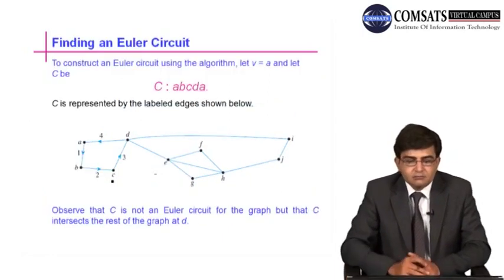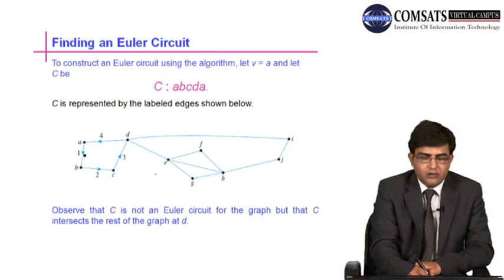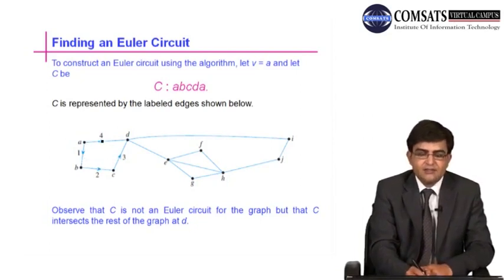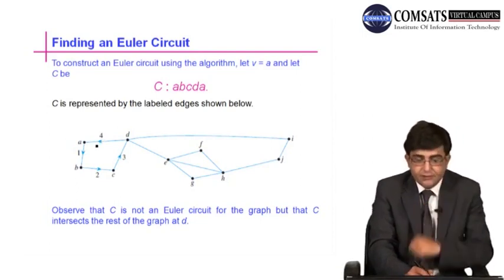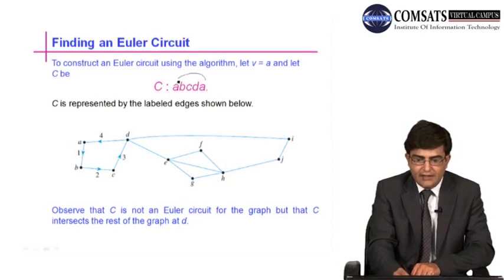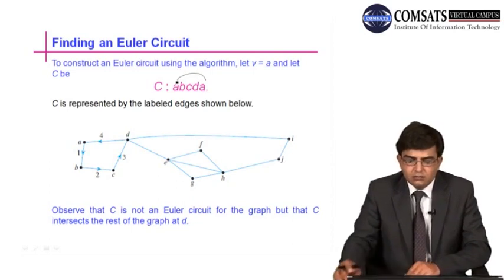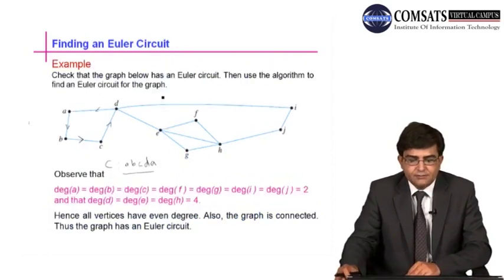For example, here we have constructed, we call it H1, H2, H3, H4, so that there is not any confusion. So we construct a circuit C which is A, B, C, D, A. So this is a circuit which starts from A and ends at A. Now the third step.